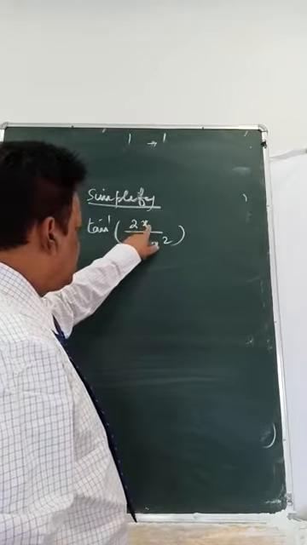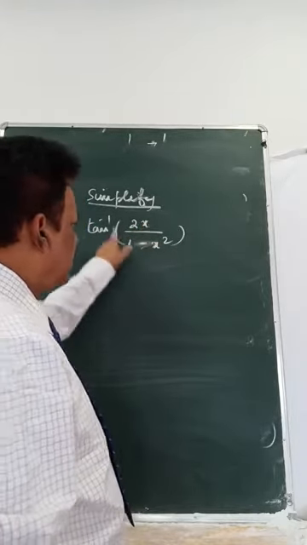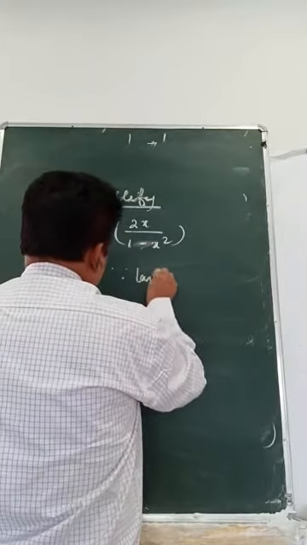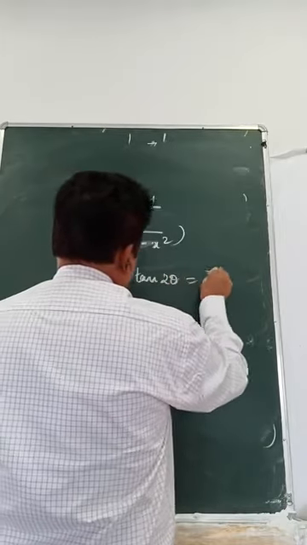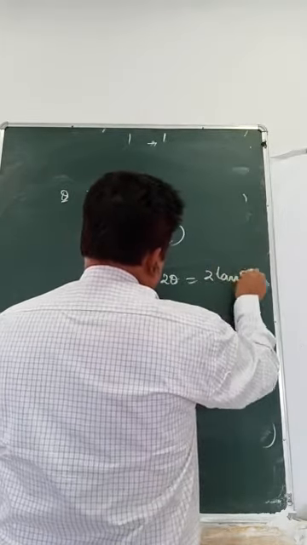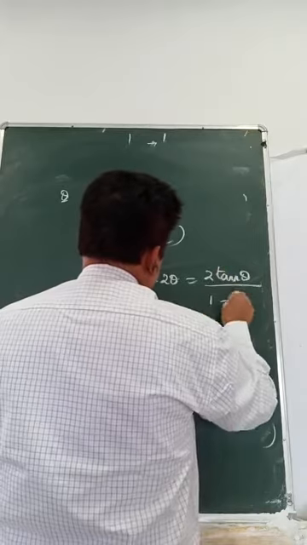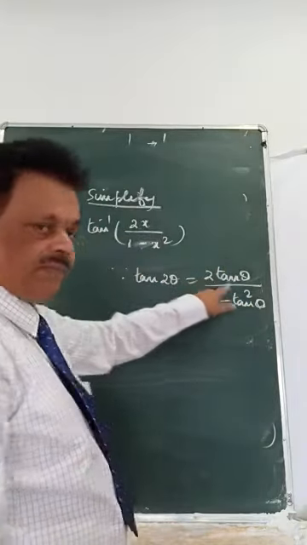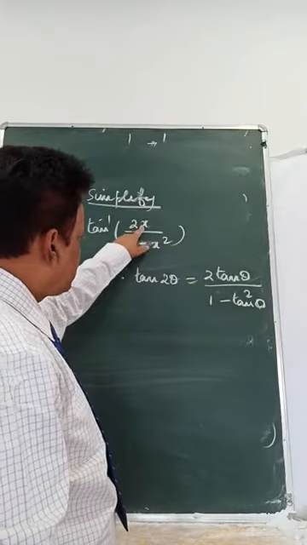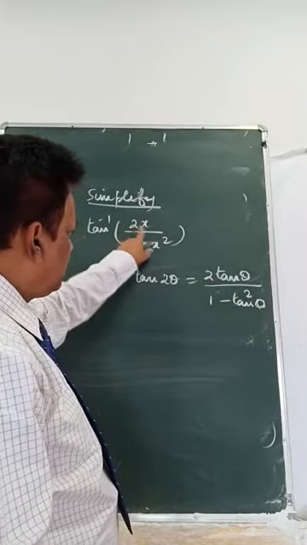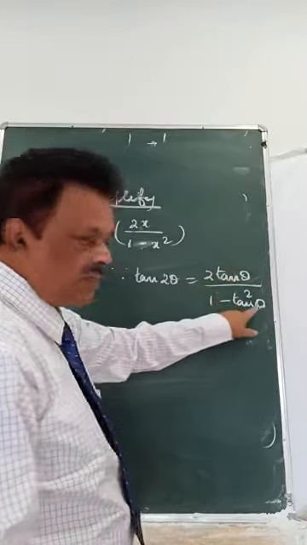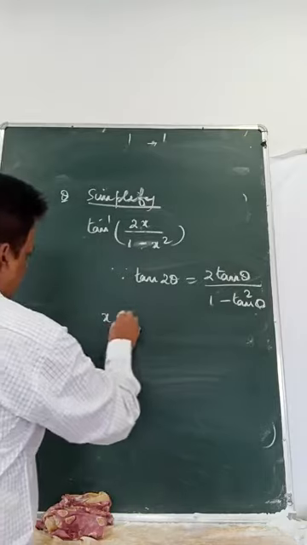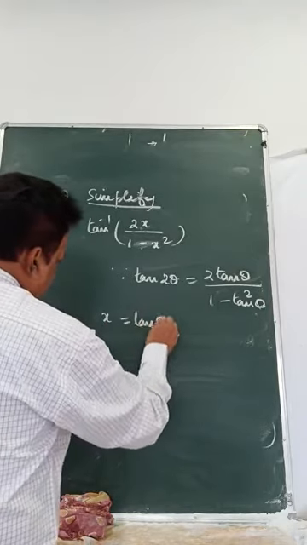What should I substitute here? This will be tan 2 theta. Look at the formula I have given you: tan 2 theta is 2 tan theta by 1 minus tan square theta. We get a similar pattern here. In place of x, if you write tan theta, it will be 2 tan theta by 1 minus tan square theta. So I can write x equals tan theta.